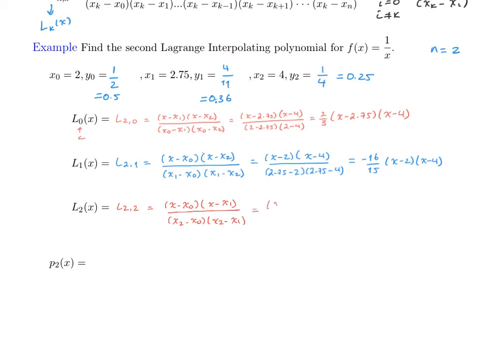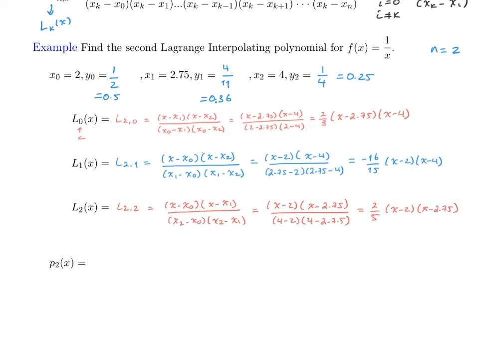And then if you plug in the numbers, this is x minus 2, x minus 2.75. And then on the bottom, this now will be 4 minus 2 times 4 minus 2.75. And again, you should check, this is 2 over 5, which is also 0.4, times x minus 2 times x minus 2.75.